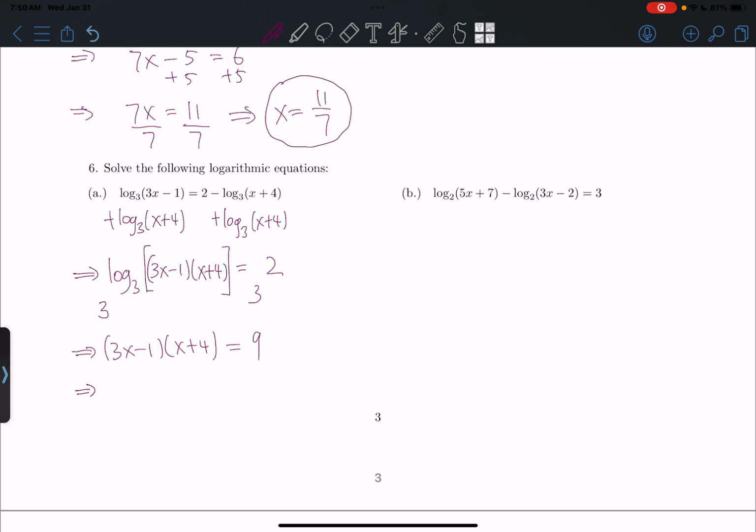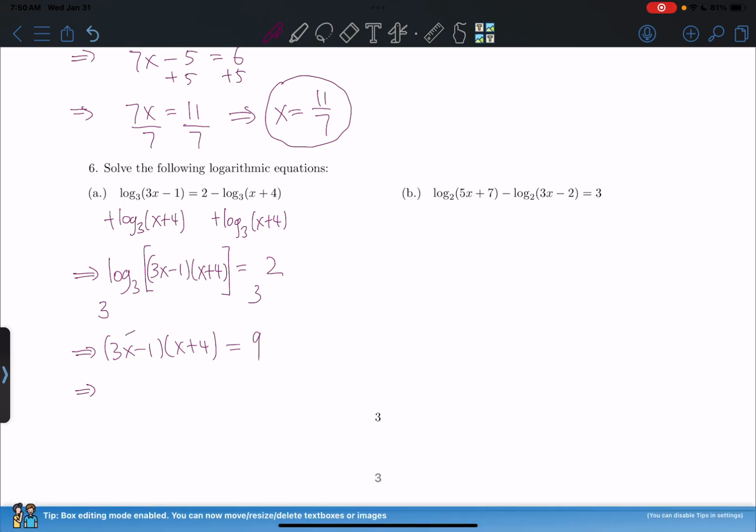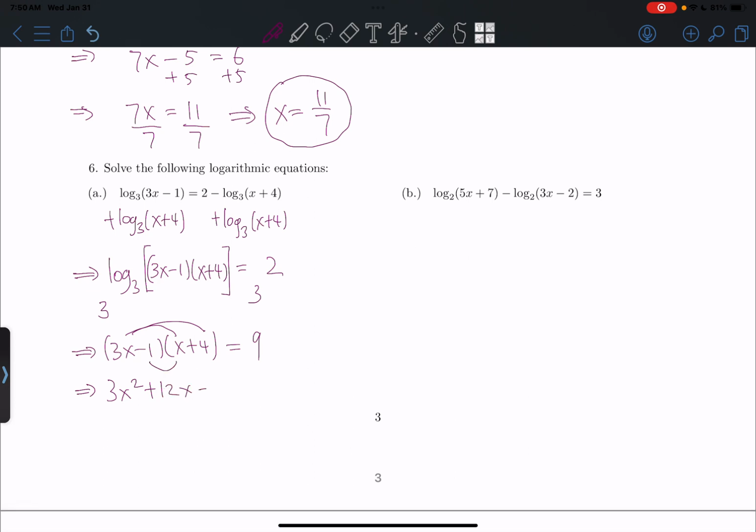Now this become a section 1.4 problem again. So let's just FOIL. 3x squared, 12x minus x minus 4. And then I might as well just clean everything up.